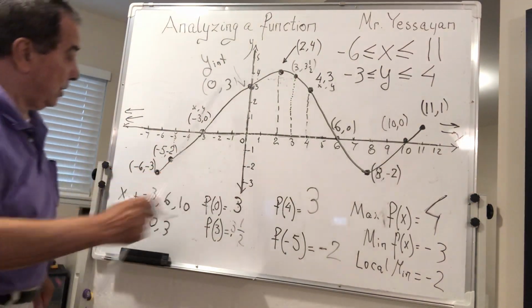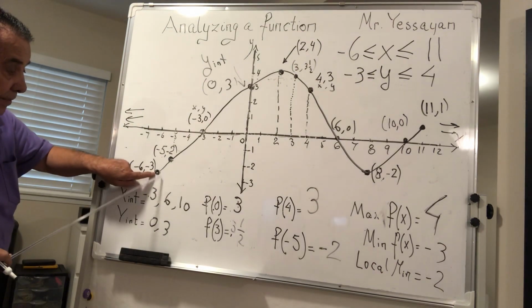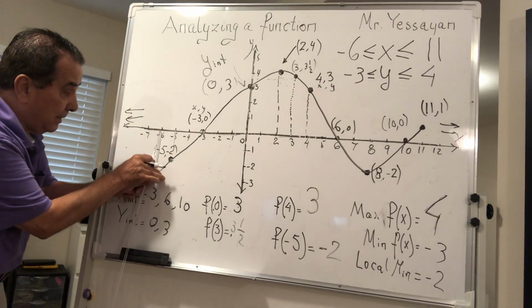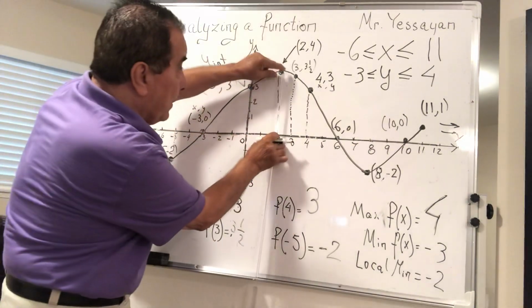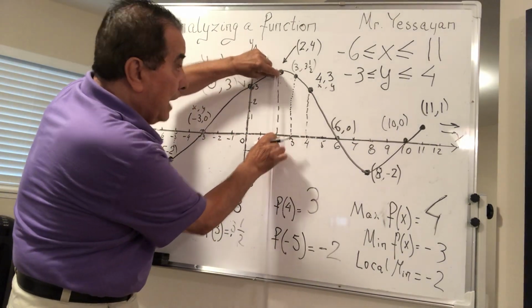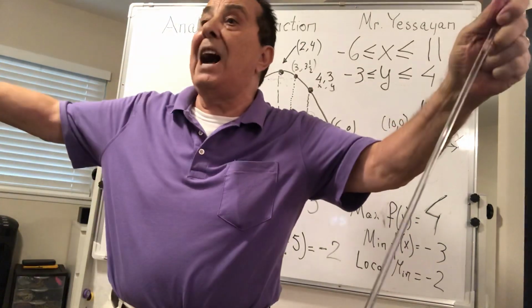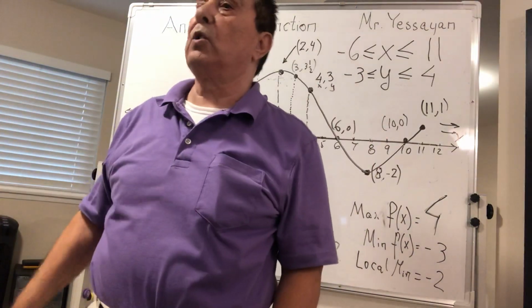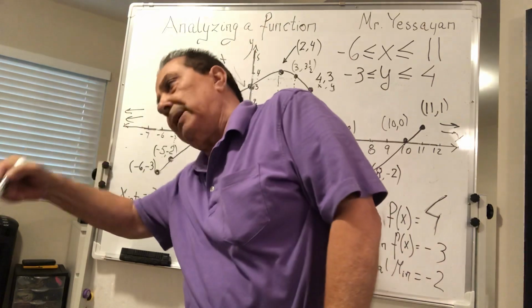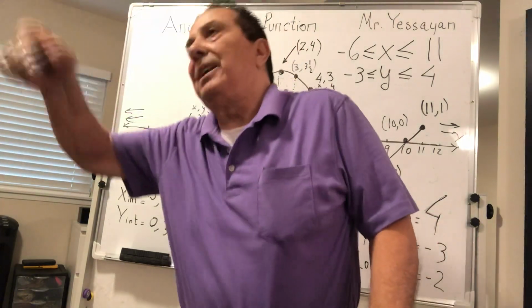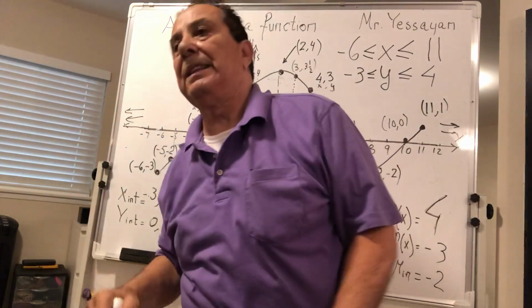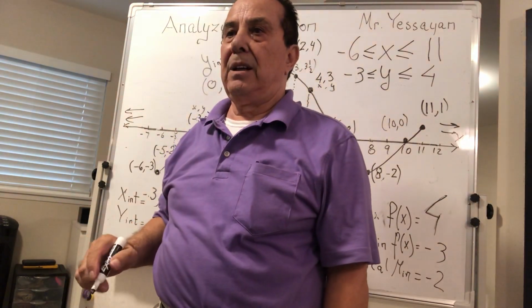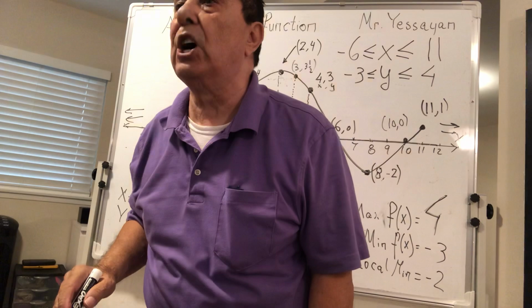Y is greater or equal than -3, the height. That's the height. That's y. And the other y is from here to here. And all my function lies between those 2 points. All my function goes up and down, increasing, decreasing, but it lies within this domain, within this interval.